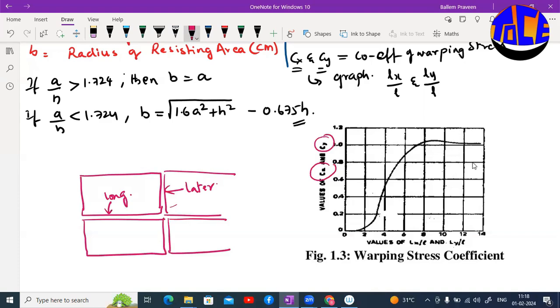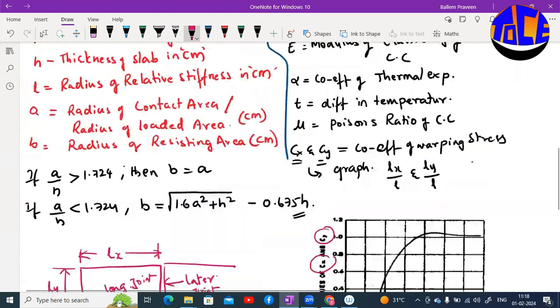The spacing of these lateral joints will be Lx, or the length of the slab in the longitudinal direction will be Lx, and the length in the lateral direction will be Ly. That means the spacing of the longitudinal joints. And L is the same, the radius of relative stiffness.